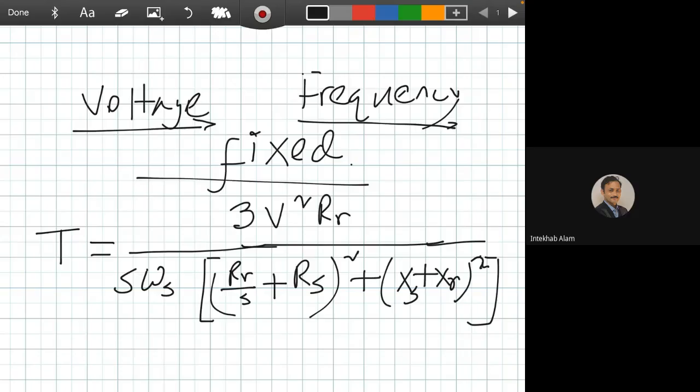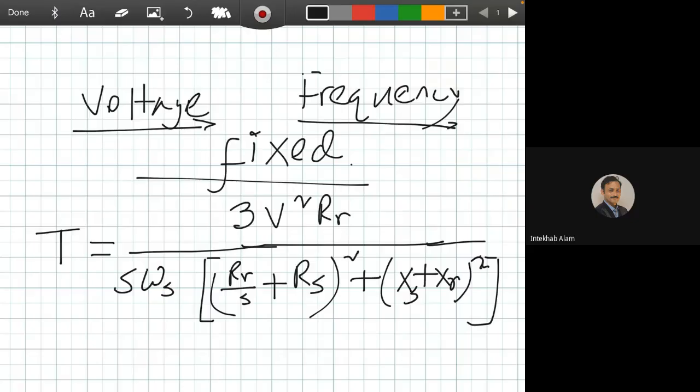You'll find this equation in the induction motor chapter of any book, as well as in the power electronics book. There may be some notation change, but not a big change.